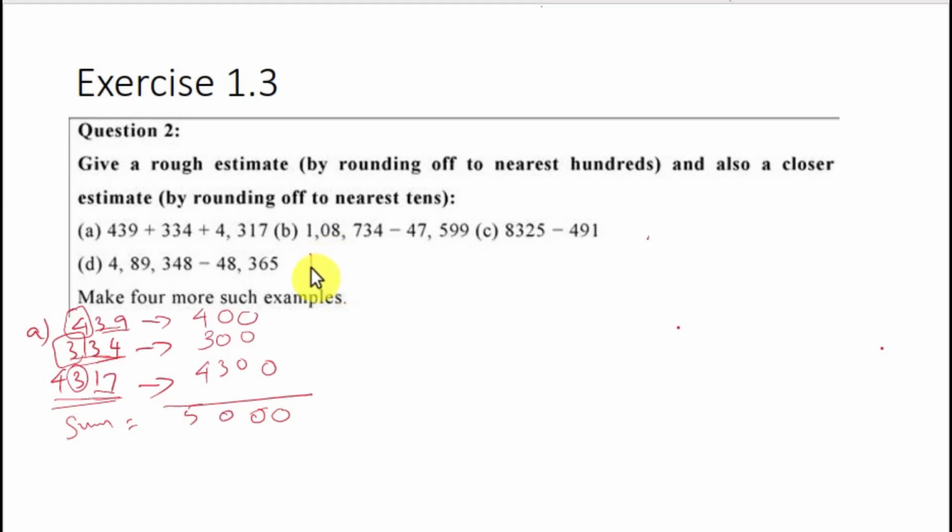Second one, B here. 108734 minus 47599. Rounding off to the nearest 100. 34 is close to 0. So no need of changing any 100 place.